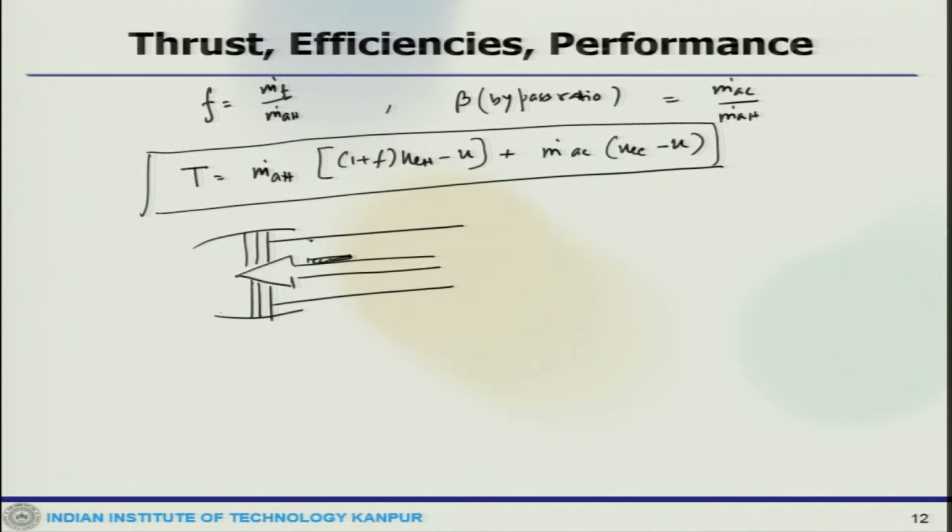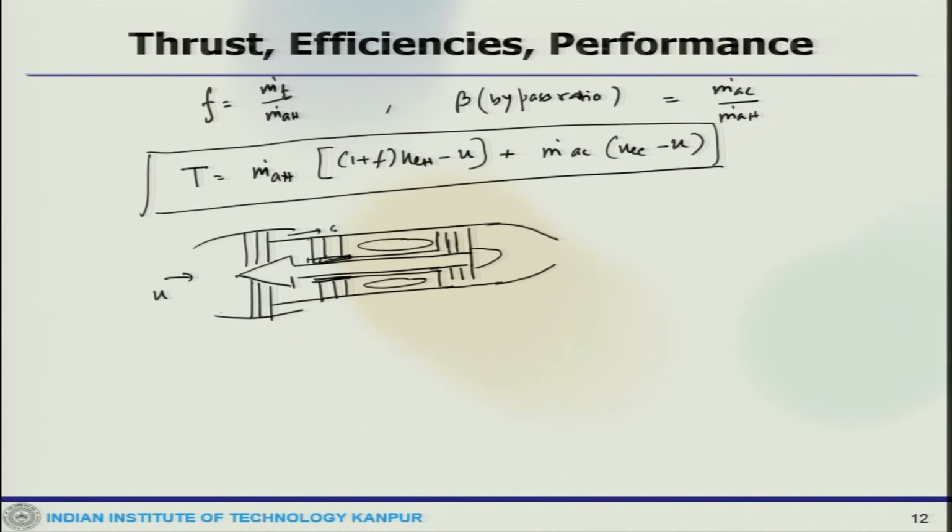So you have this component, then the combustion chamber, then the turbine, so it passes through, and that is where U comes in.